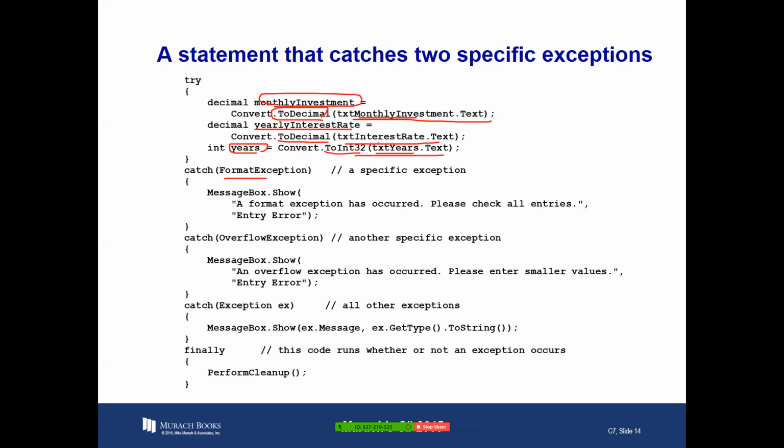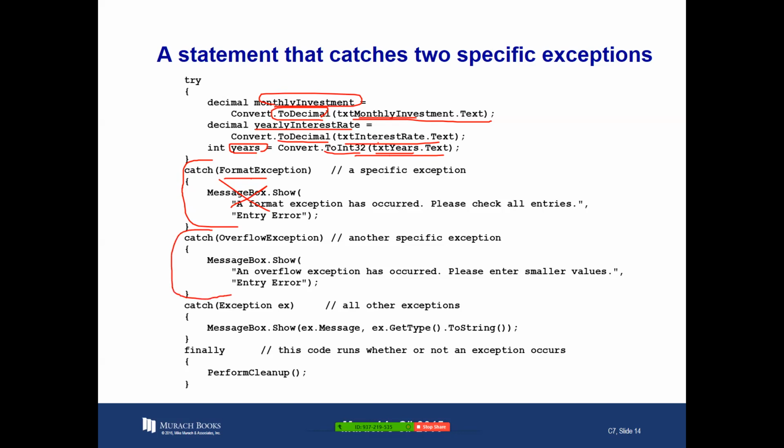If you formatted the number properly, then that would not have caused the exception. Maybe you typed in a number that's too big, like the number of years. Maybe you type in some integer for a number of years that's way too big, and that would be caught here.